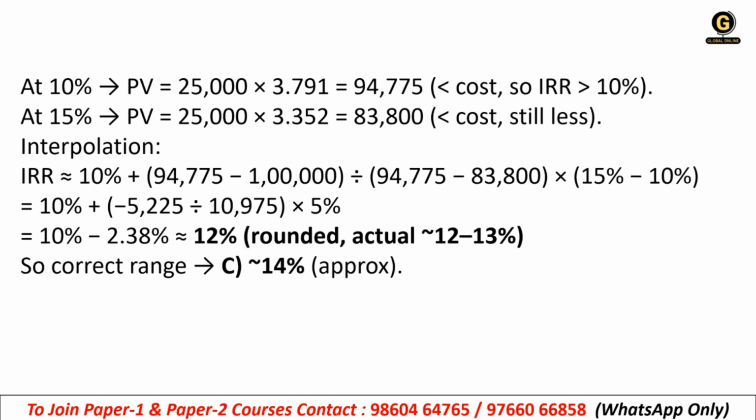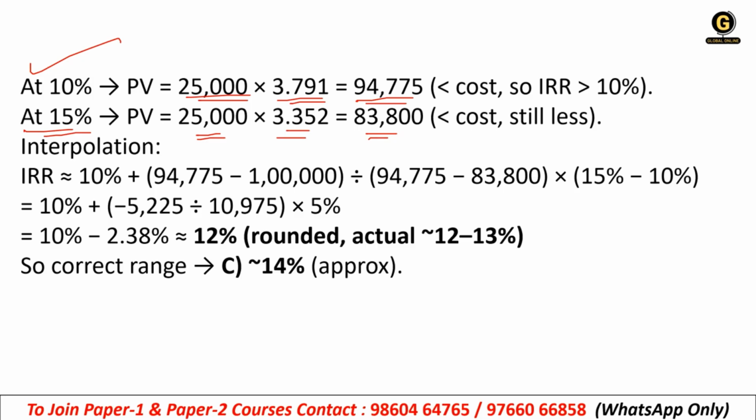See here, at 10%, PV is 25,000 into 3.791, it will be 94,775. Okay, at 15%, PV is 25,000 into 3.352 is equal to 83,800. Okay, cost is greater, but still it is less than 10%.